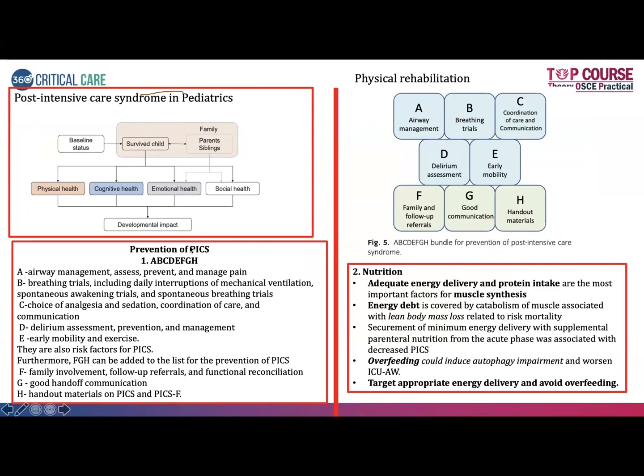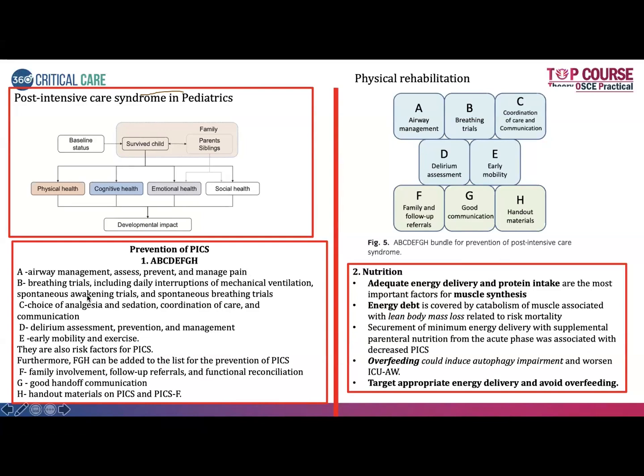So how do we prevent PICS? This can be done by the ABCDEFGH approach. So we all know the ABCDE bundle. So same applies here. A for airway management, assess, prevent, and manage pain.